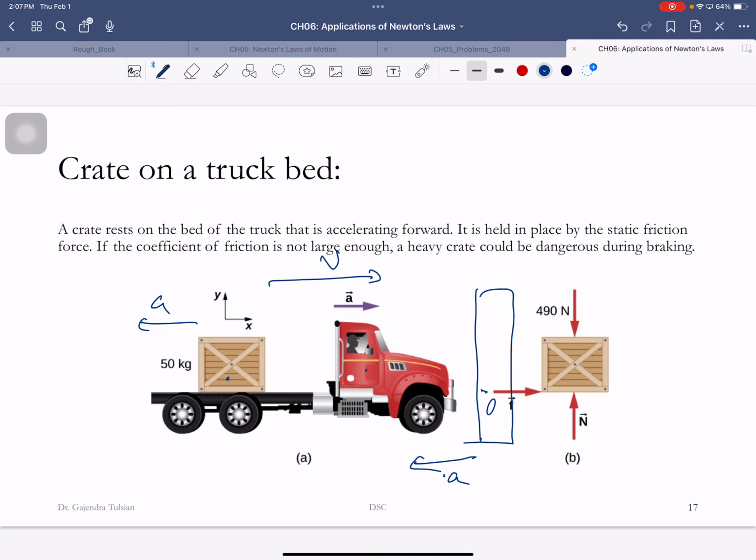What is giving that guy the acceleration? Static friction force. But the static friction force has a maximum value. So if this force can't give you that acceleration, this guy goes and crushes it. It's a double whammy. This is a real problem. That's why all heavy loads are chained down.